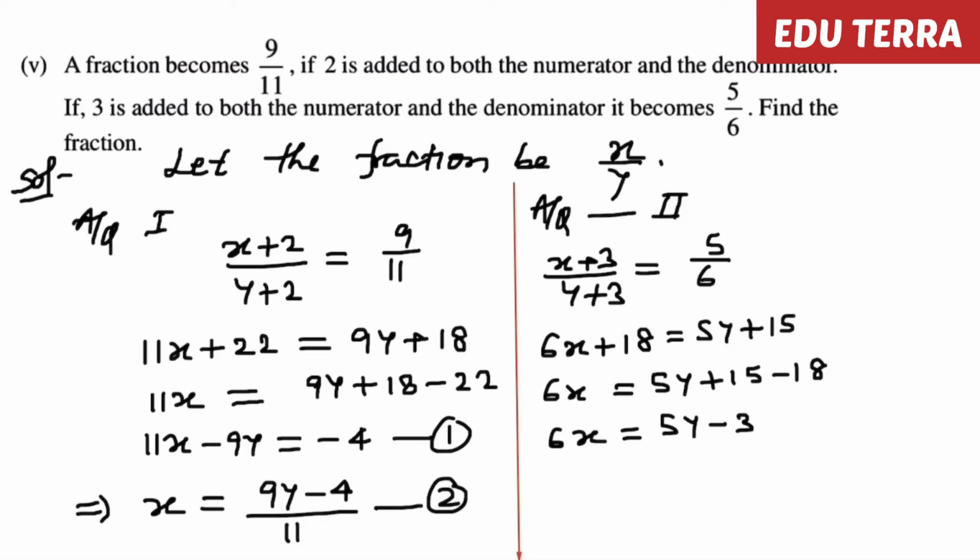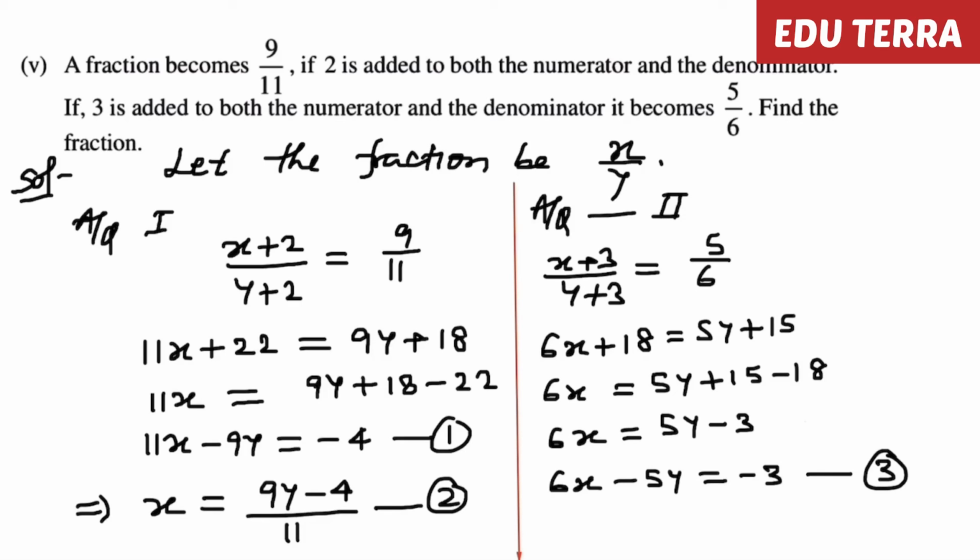Now it is number 3. Otherwise you can write 6x minus 5y equals minus 3. This equation is number 3. So formation of linear pair is over.